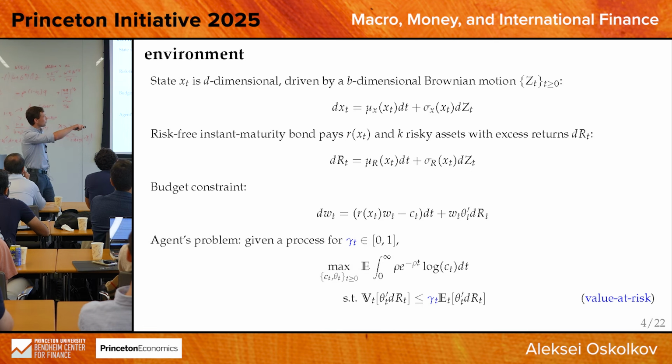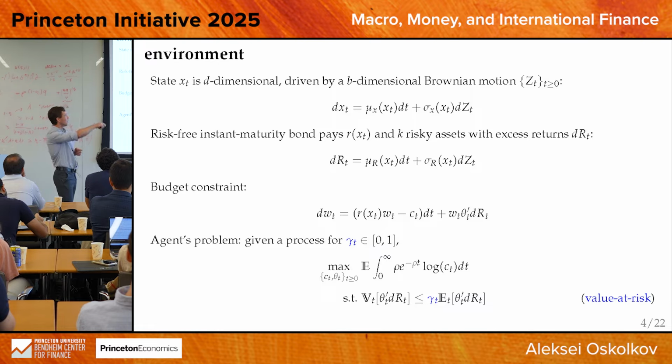What's important is there's no jump term here. Okay. So there are risky assets, and there's a risk-free asset. This is typically going to be in zero net supply. What is this risk-free asset? It's an instant maturity bond that pays you interest rate R, which is endogenous, and it depends on the aggregate state X. So K risky assets, one risk-free asset.